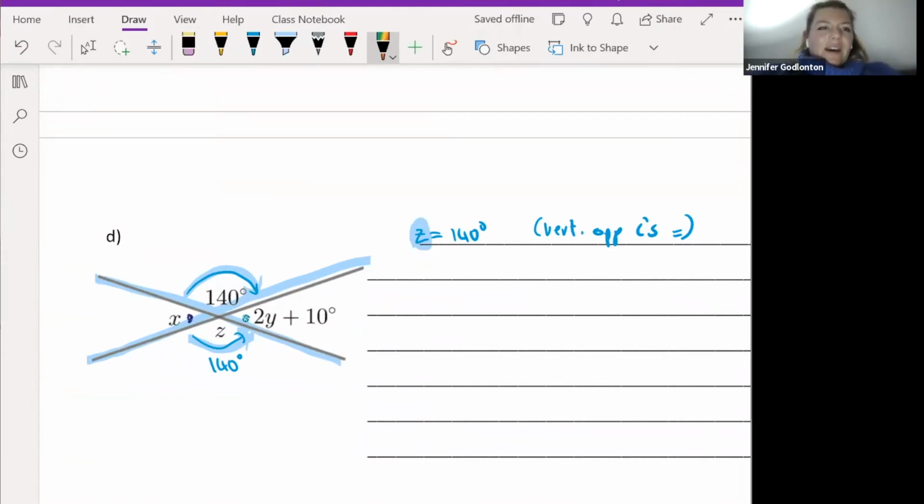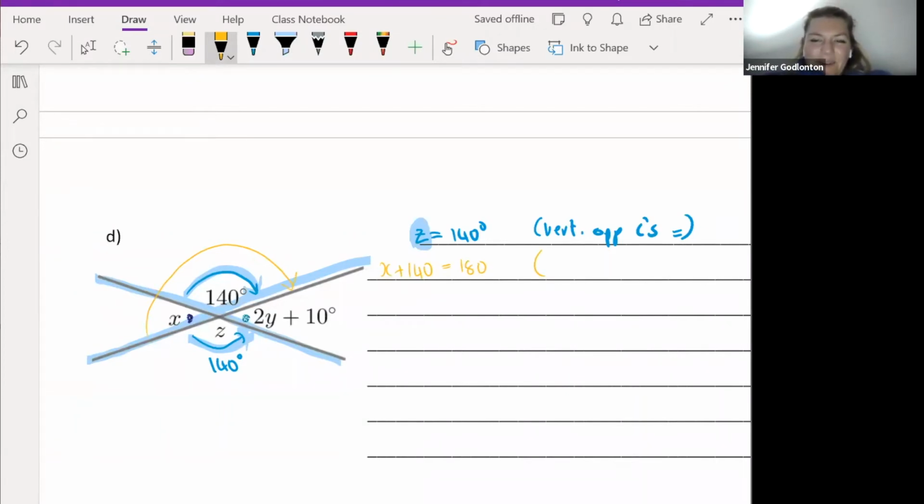Simpiwe, could you tell me one of the other angles? Hi, ma'am. So for x, the angle will be 40 because angles on a straight line add to 180. Yes, well done.